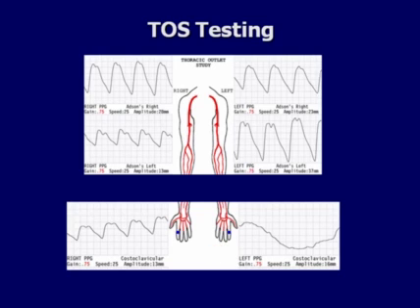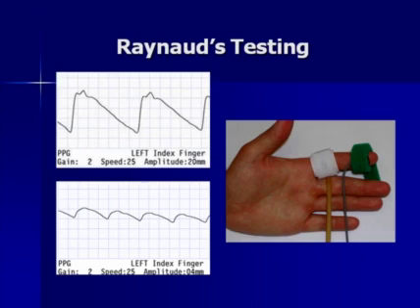That is very easy to document, again, not necessarily with ultrasound, but with physiologic studies as shown here, where we can see that we can get digital PPGs in certain positions, but when we move the patient into a symptomatic pose, we can see the PPG decrease and we know we've got subclavian artery compression.